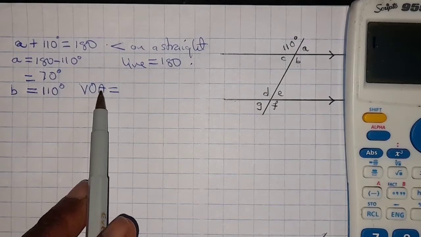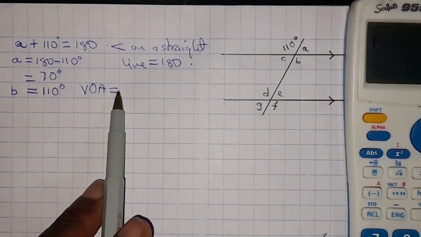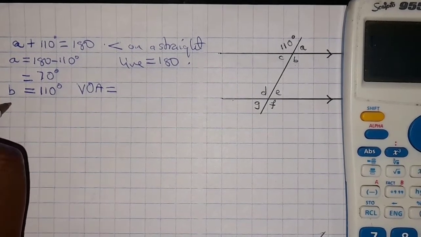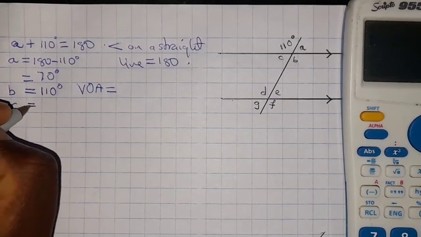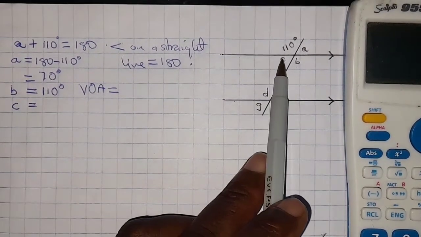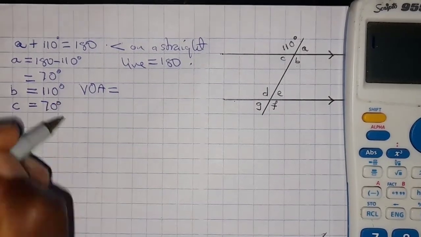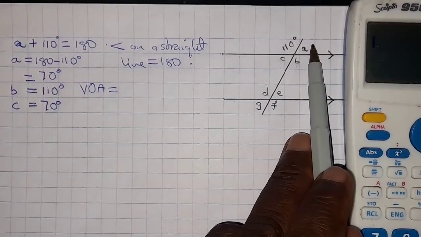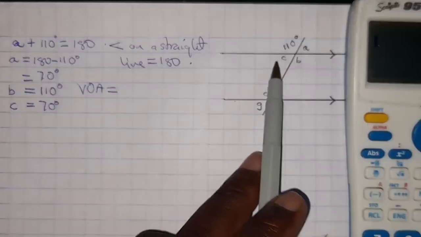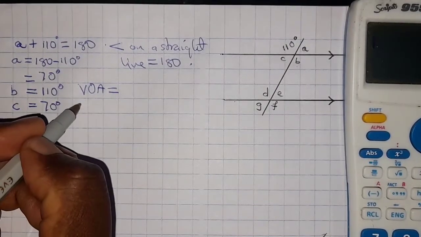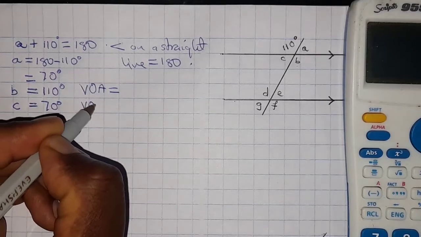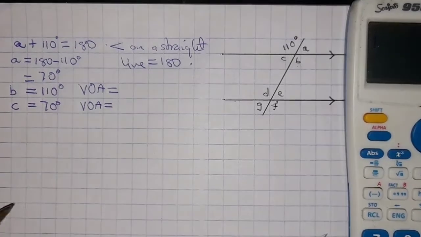And then we have angle C also. Angle C is here. It's equal to 70 degrees because we said A is 70, so C is also 70, and the reason is vertically opposite angles are also equal.